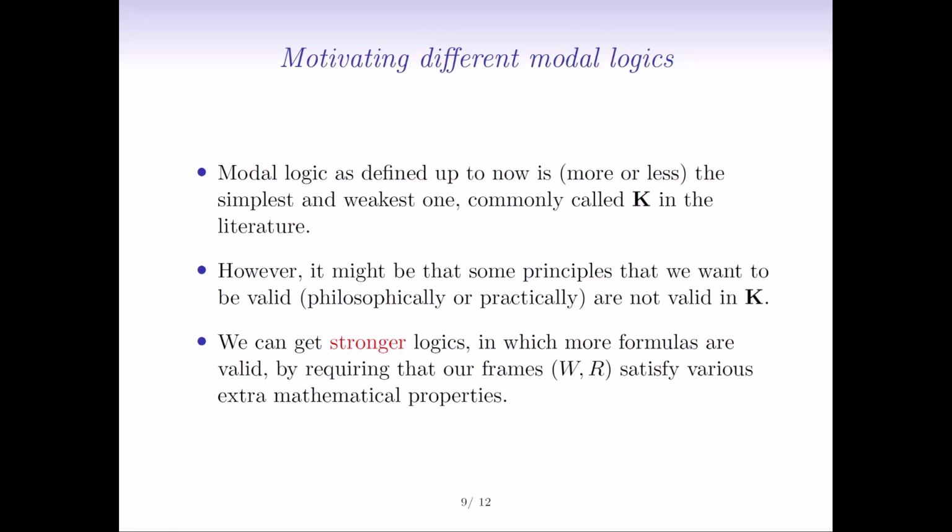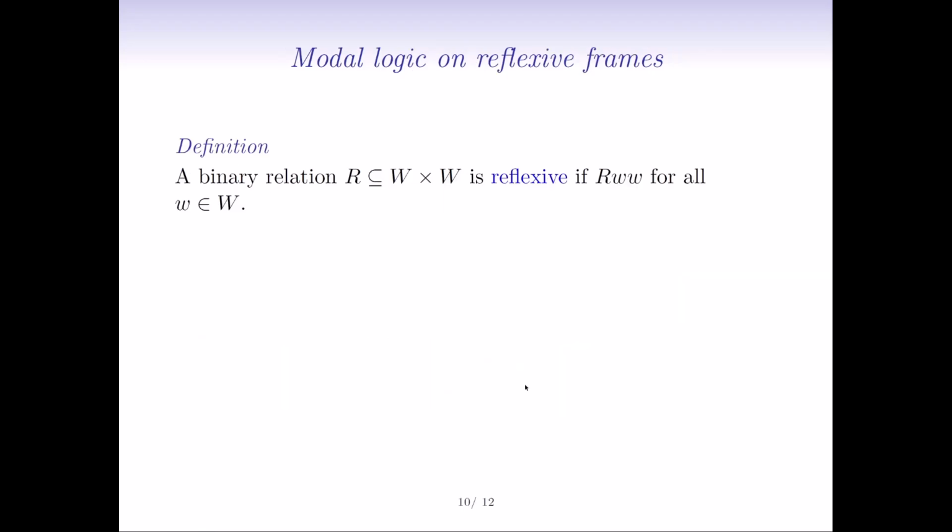Now, this actually works the other way around as well. You can say, if I take one of these formulas as an axiom, then that causes all the frames to be restricted in a certain sense. So we're just going to see one particular example of this today, which is the example which we sketched on the board before.